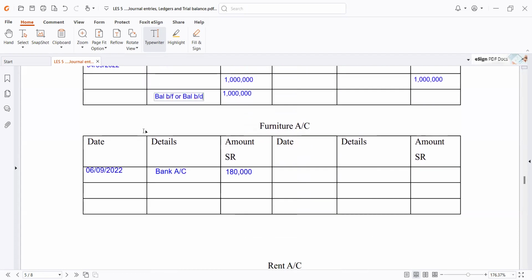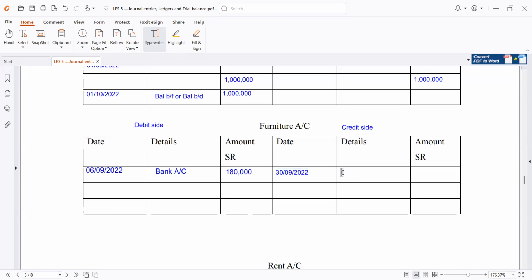So for furniture account, we start by writing here, debit side, and this other side, credit side. So we have 180. I'd even forgotten to write here the date, 1st October 2022. So for furniture account, we have the date. We are closing on 30th September 2022.